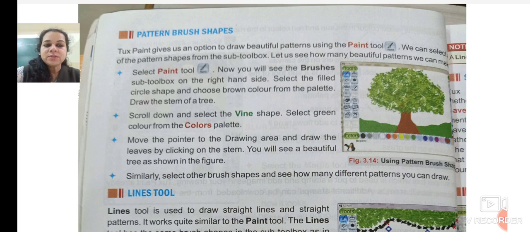In that video you will see how pattern brush shapes and the line tool are used, and how to choose the paint tool, brush and fill color. We move ahead with the video.